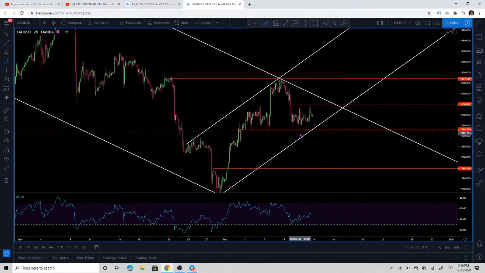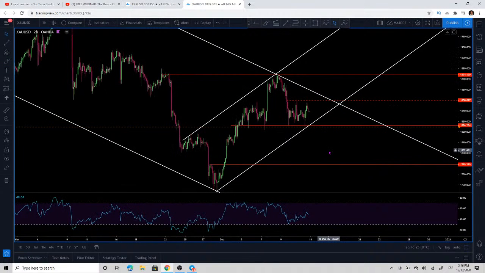And in this case, right here, you can see that from this low to this high, it is a flat, kind of a higher low. But on the oscillator, it's clear that we are making a lower low. So this is bullish for gold.